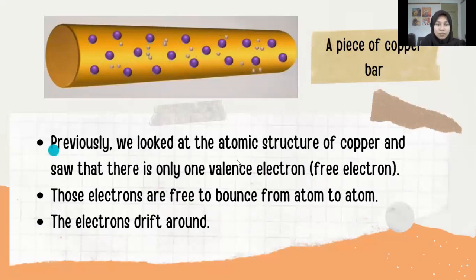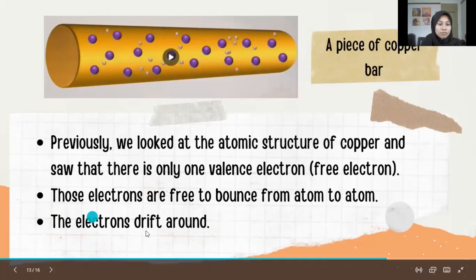Previously, we looked at the atomic structure of copper and saw that there is only 1 valence electron, which is the free electron, because those electrons are free to bounce from one atom to another atom, and the electrons drift around.